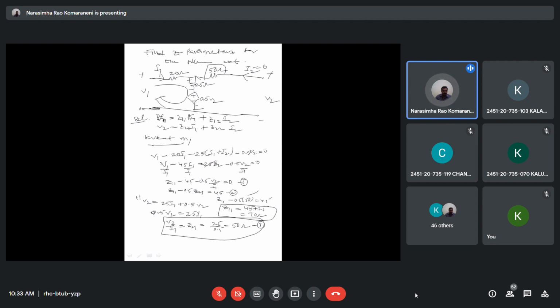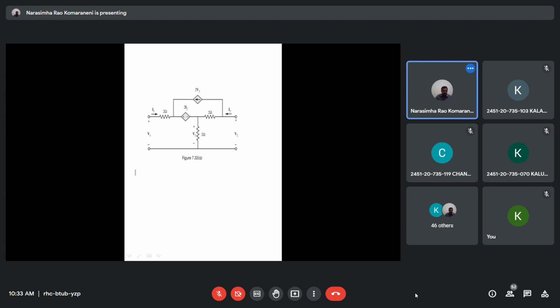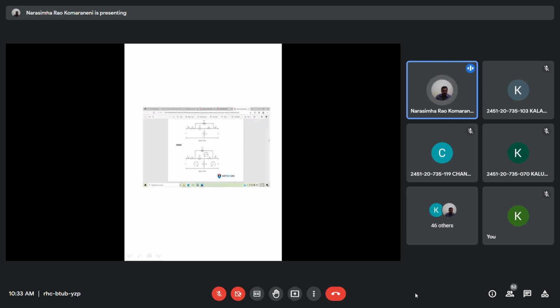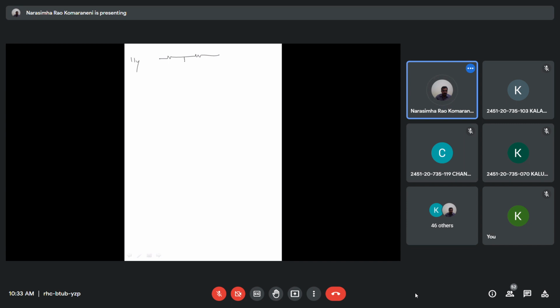Yeah. Similarly, the second one. Similarly, when I1 is 0, this is 0.5 V2, this is 25, this is 50, this is 20.